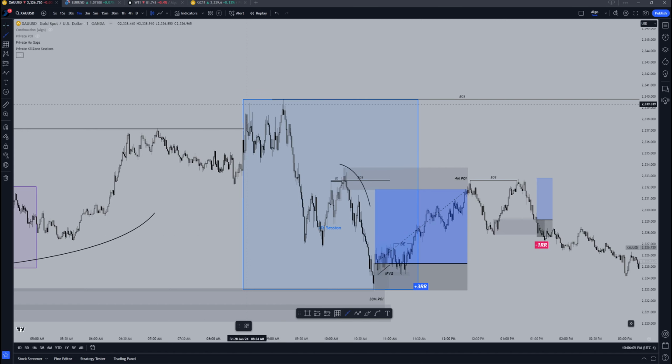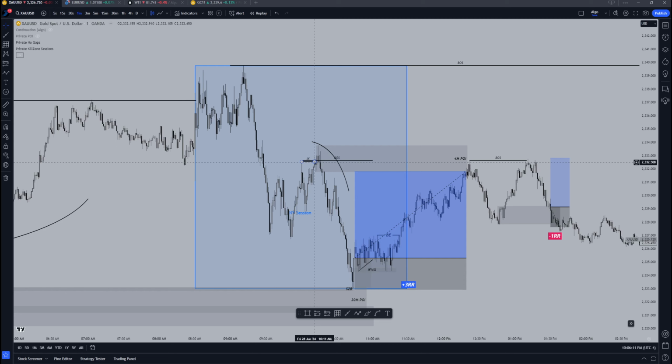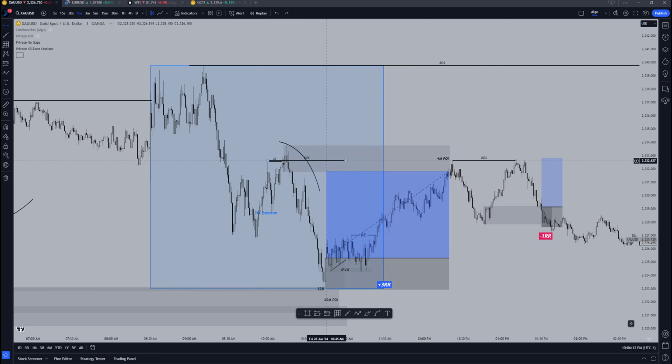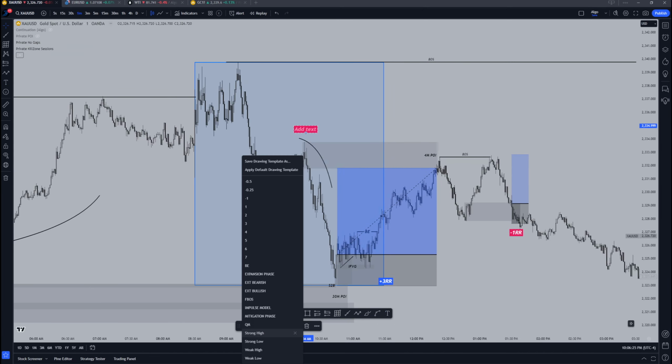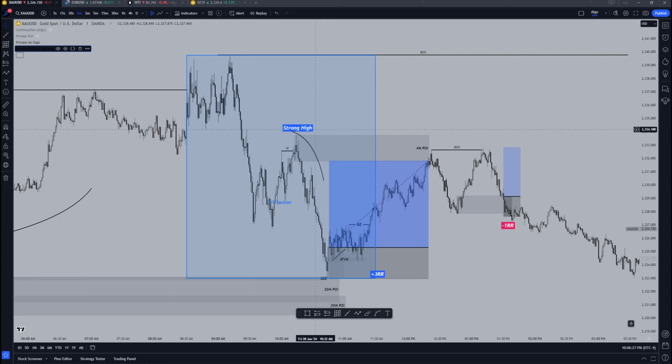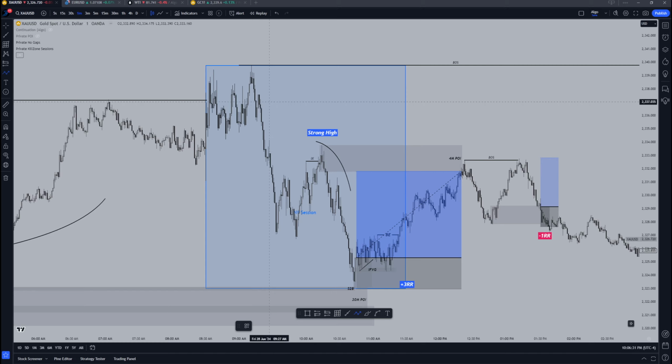You guys can see price did another sweep before coming down. So today was a little bit of a confusing day to me because I was expecting this to be either a strong high or inducement. Because if you look at this here, this clearly could be inducement.